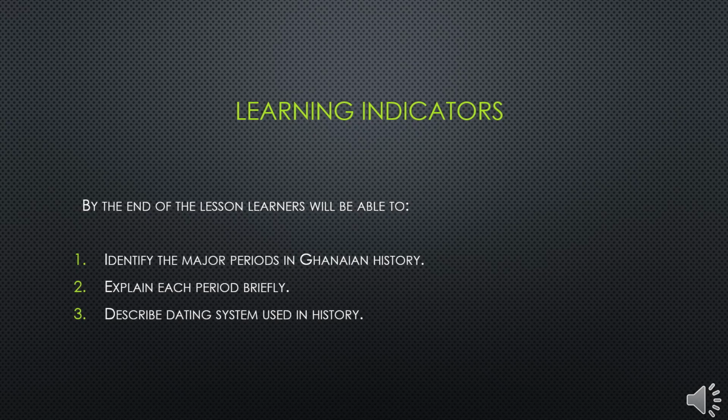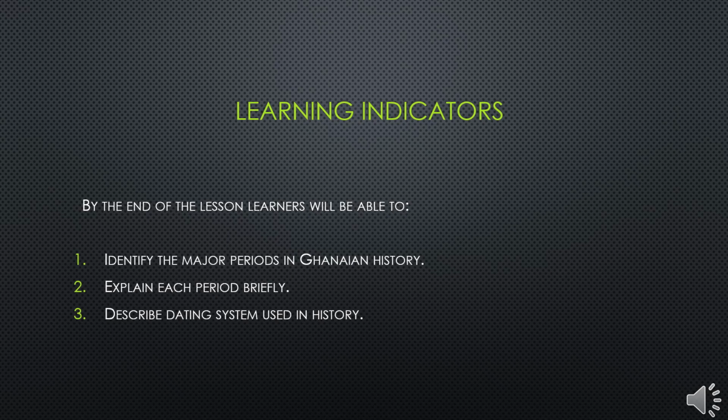What we mean here is simple. By the end of the lesson, you should be able to identify the major periods in Ghanaian history, explain them, and describe the dating system used by historians. That is where you have your evidence, you have your dates.